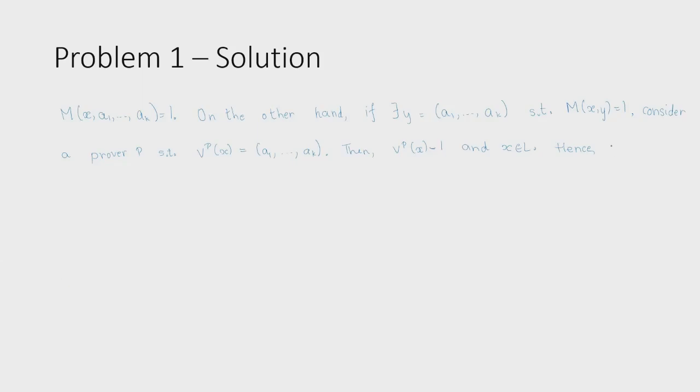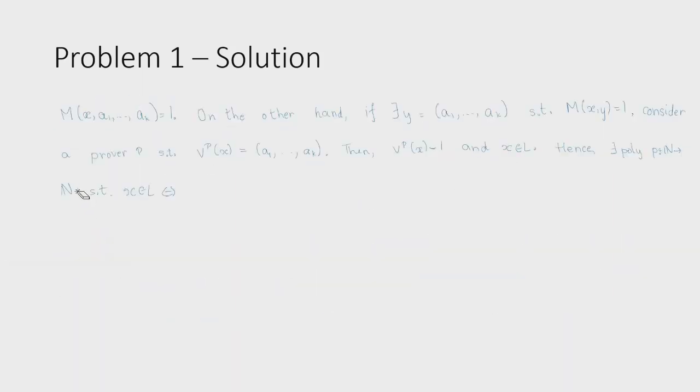Hence there exists a polynomial P from N to N such that X is in L if and only if there exists Y in {0,1} to the P of size of X such that M on X comma Y is equal to 1, and L is in NP.